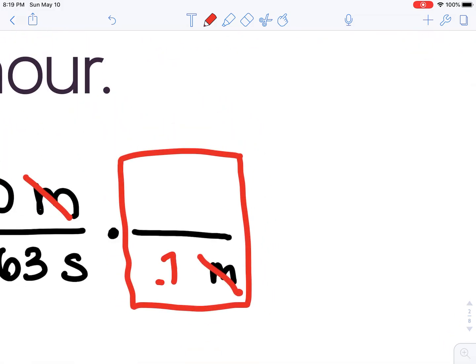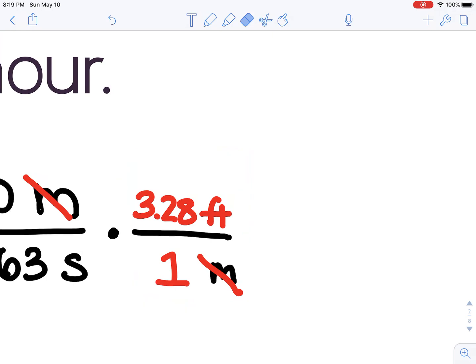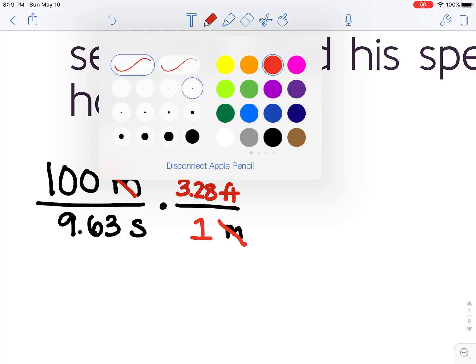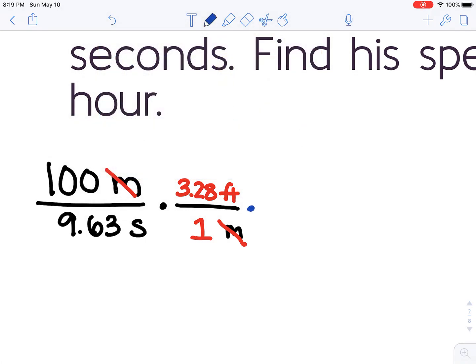So if I put 1 meter here and 3.28 feet here, this equals 1, because 3.28 feet and 1 meter are the same. So this is just like multiplying by 1, but I'll be left with units in feet rather than in meters. Then I'm going to multiply to get my feet into miles.